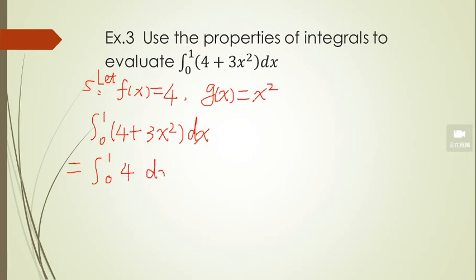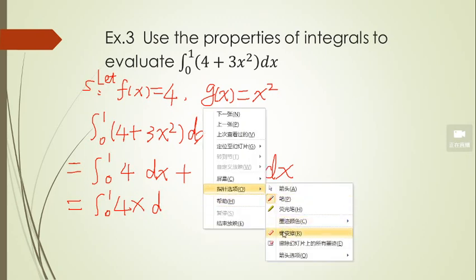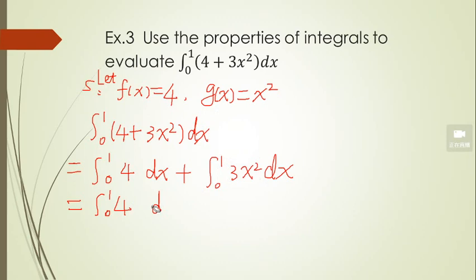This is f(x), right? The definite integral for f(x). How can we write this part? This is 3x squared dx, right? And let me keep those again. We will work it out later, okay? Sorry, it should be 4, not 4x.